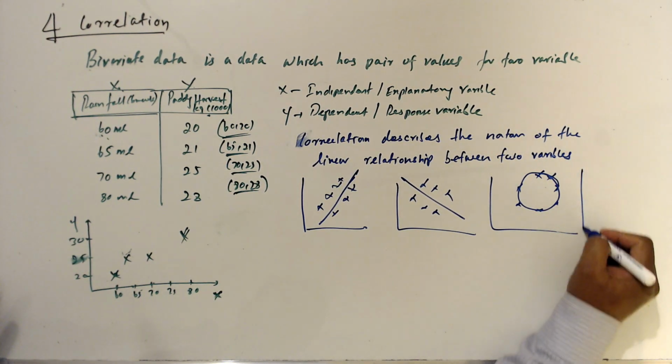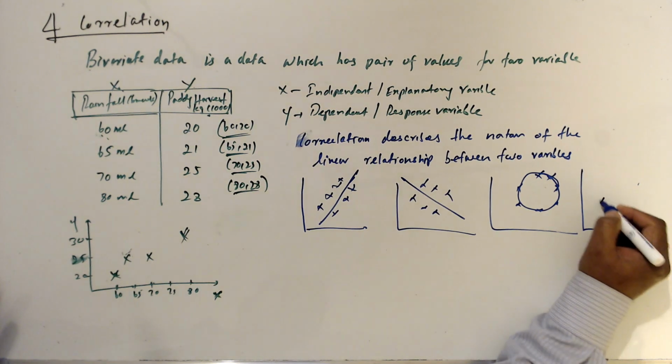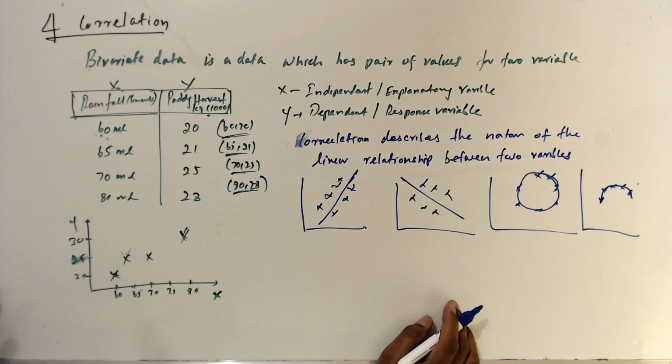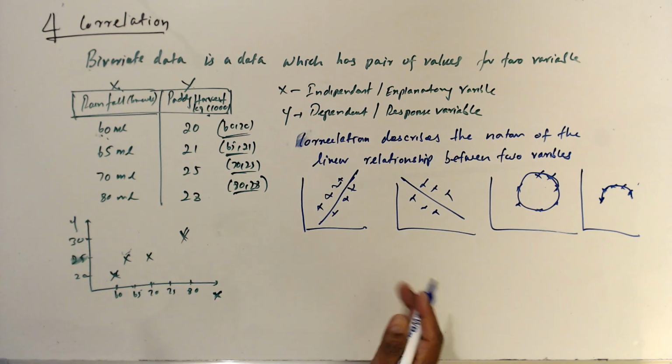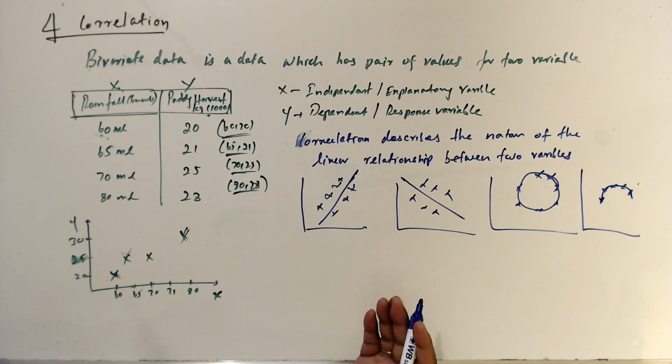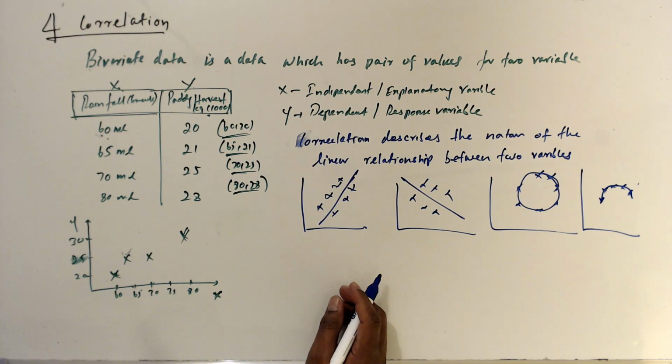Let me take another one, a semicircle. There is no linearity. So likewise, the correlation describes the nature of the linear relationship between two variables.